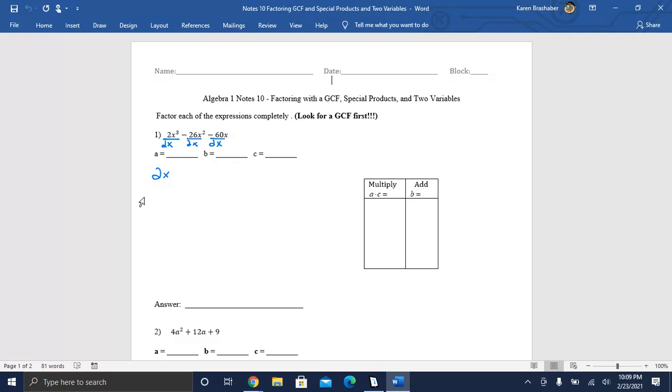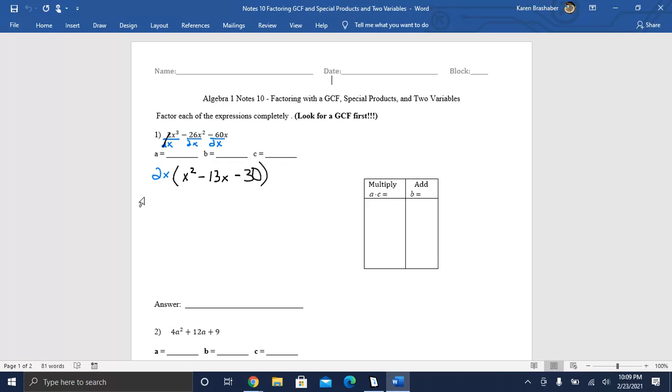So 2x, and then starting a parentheses, doing the dividing, x to the third divided by an x would have an x squared. Your 2's would cancel. Negative 26x squared divided by 2x would be negative 13x. And then negative 60x divided by 2x would be negative 30.